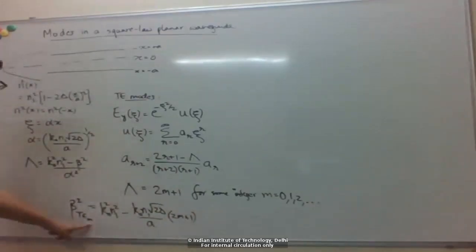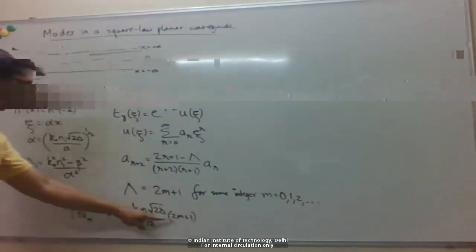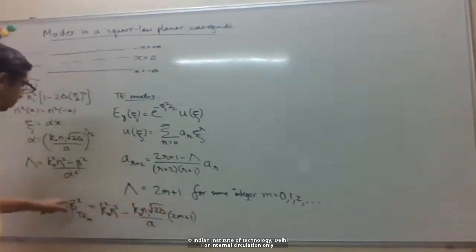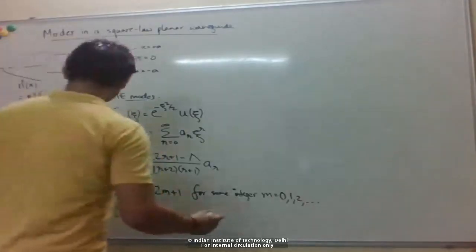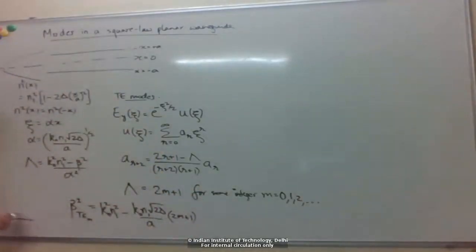So the m-th mode propagation constant scales like that, and beta square is proportional to m. If I look at the spectrum of beta square, it is equally spaced: this is beta square for 0, beta square for 1, and so on.